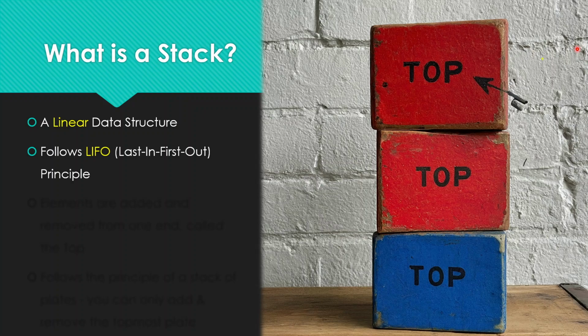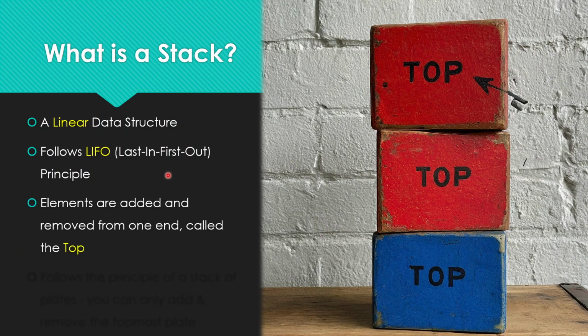So just like in this image, if we need to access the items here, we have to begin from the top block, then we come to this block, then to this block. So this is referred to as last in, first out, or LIFO. Whatever was placed as the last one is the first one to go out.